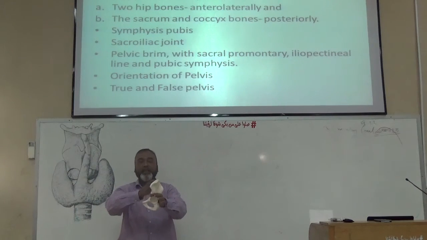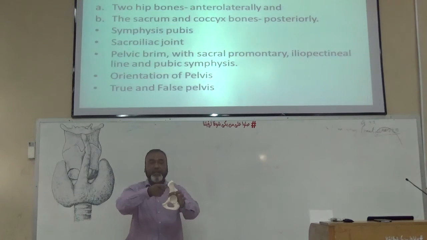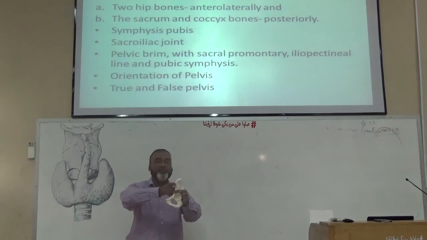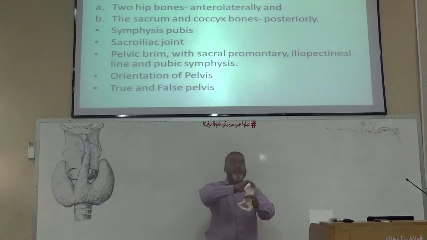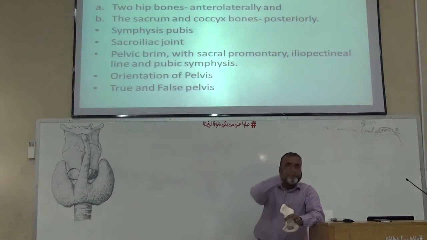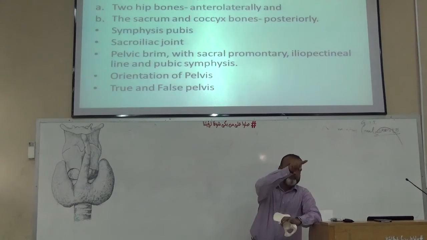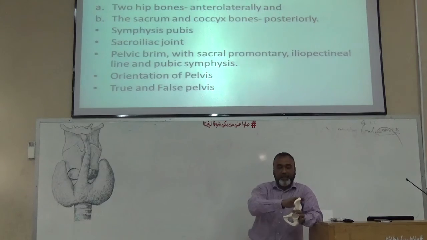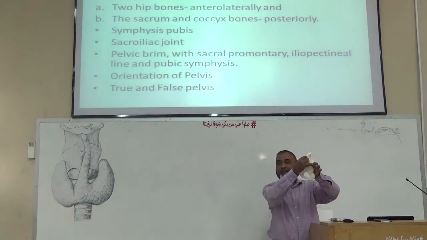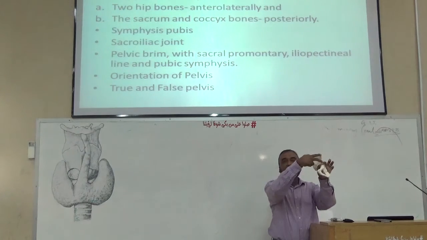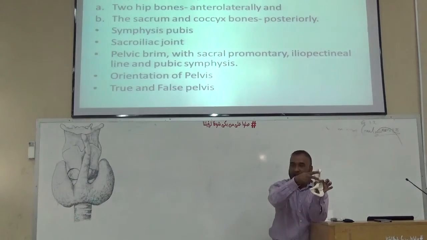This iliac bone, or the ilium, has a superior rough border which is named the iliac crest. Projecting anteriorly, this is the anterior superior iliac spine, and this is the anterior inferior iliac spine.